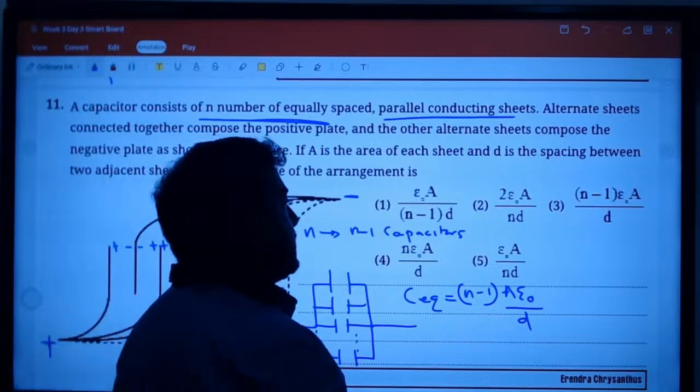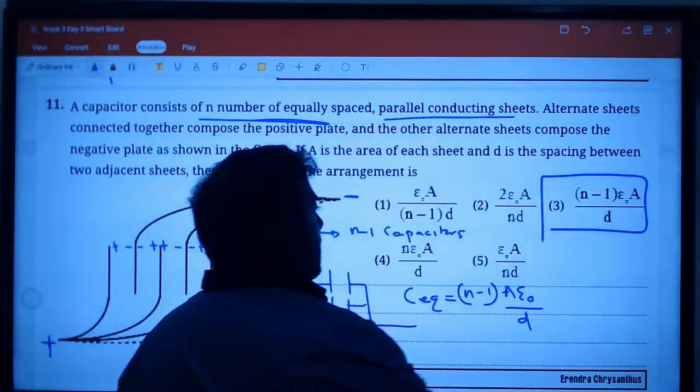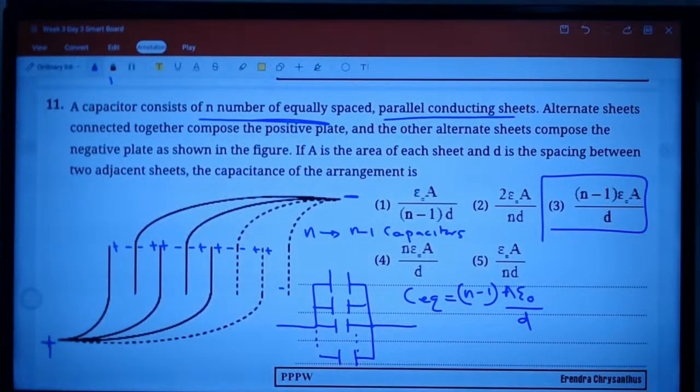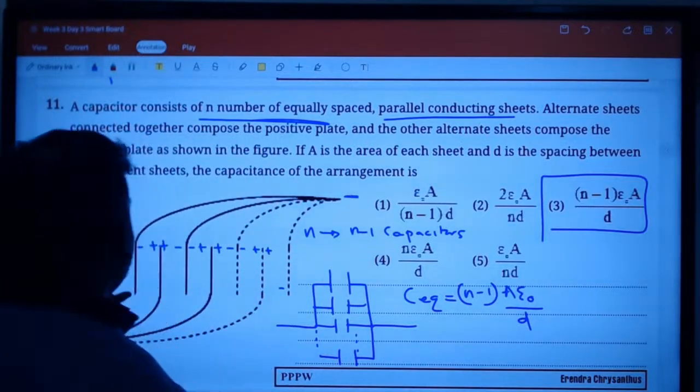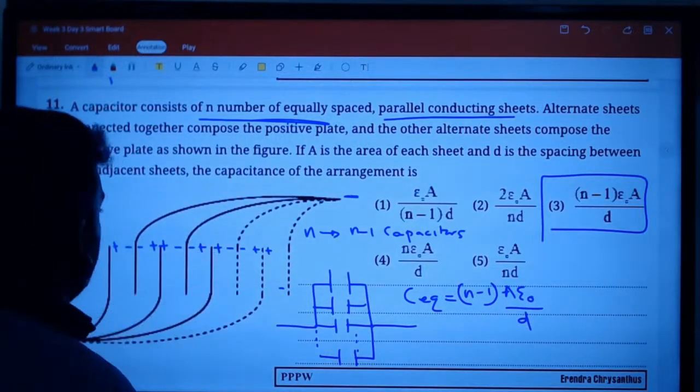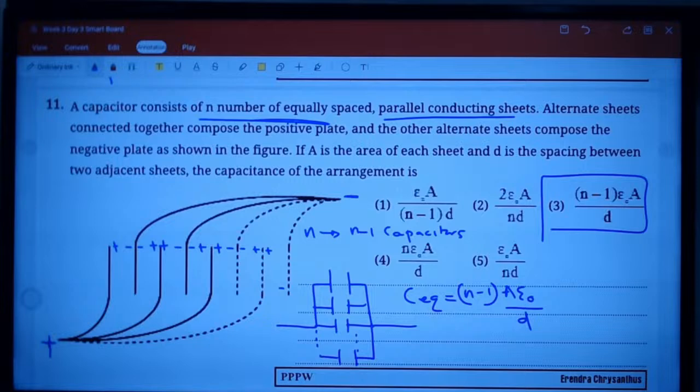So your correct answer is answer number 3. When n plates are connected, there will be n minus 1 capacitors.